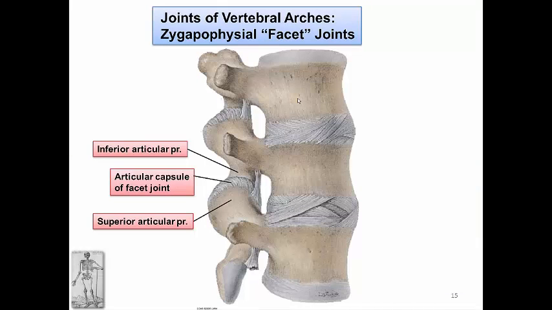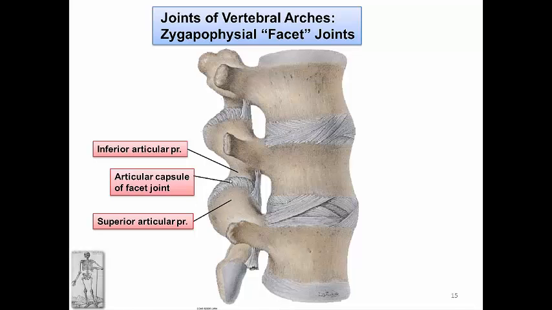So as I mentioned earlier, the name of the joints of the vertebral arches is zygapophyseal joint, or simply facet. In terms of joints, it is a plane type of synovial joint, and is not weight-bearing. Interesting here are the interlocking facets of the inferior articular process and the superior articular process from the participating vertebrae.